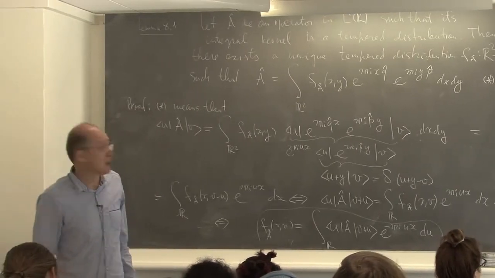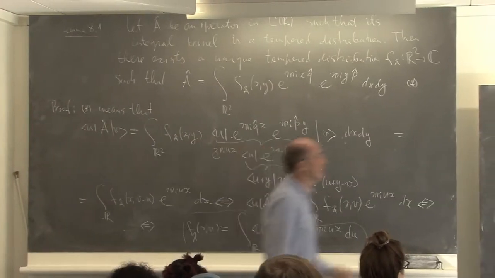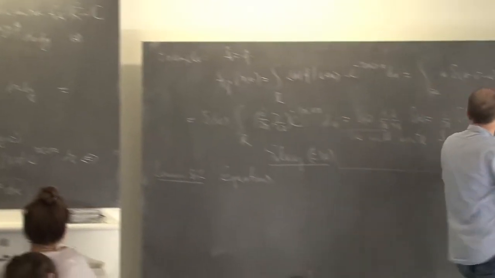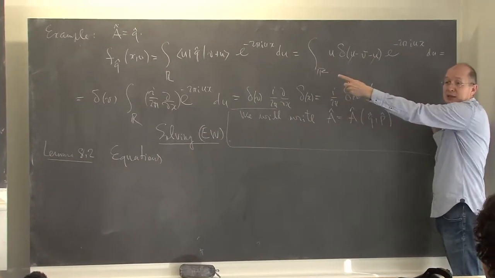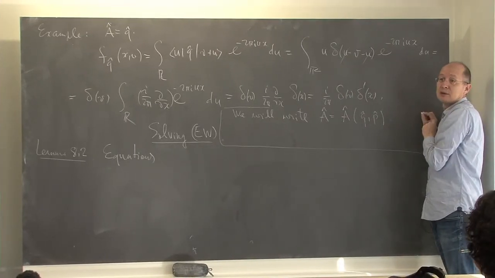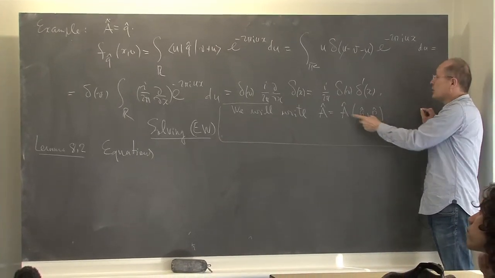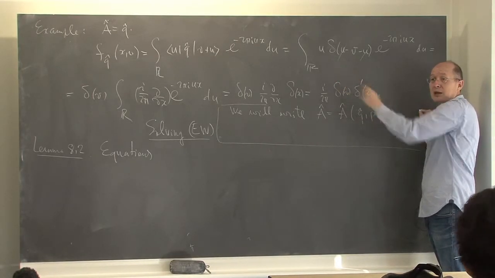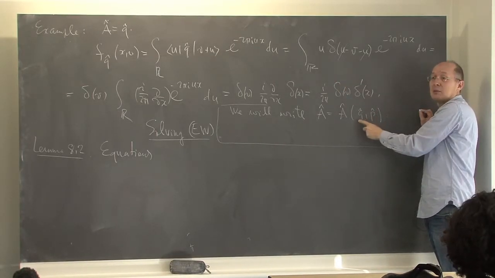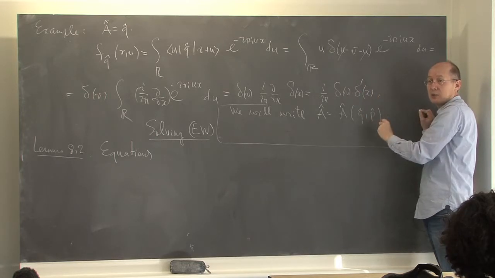That's no problem. But now, due to this lemma, we can write an operator as a function of two even non-commuting operators P, Q by means of that integral decomposition. And then we will treat this as a true function, but always keeping in mind that behind it is this integral formula.